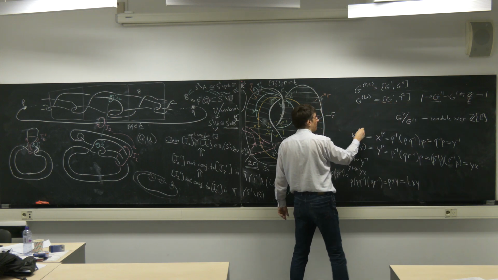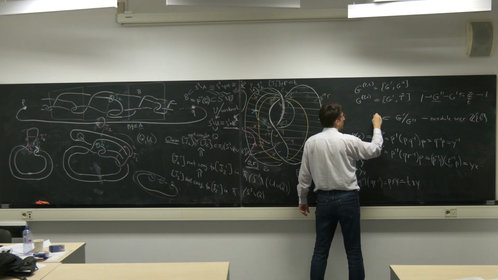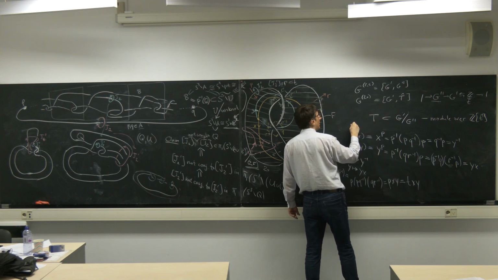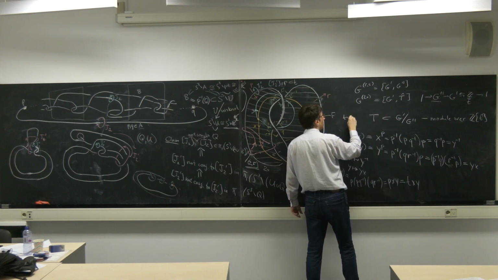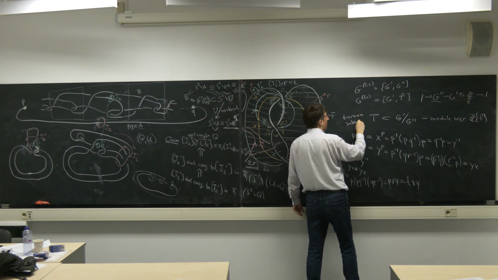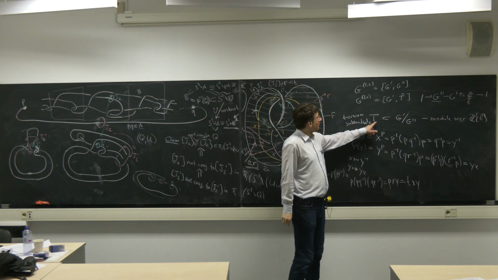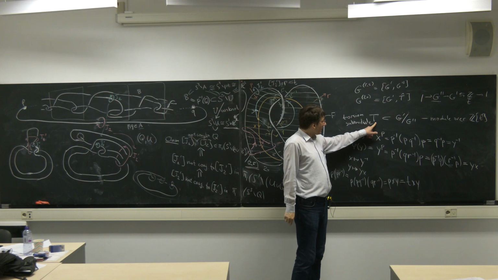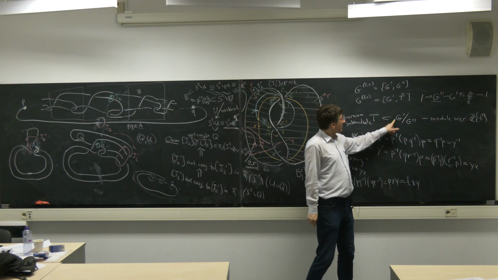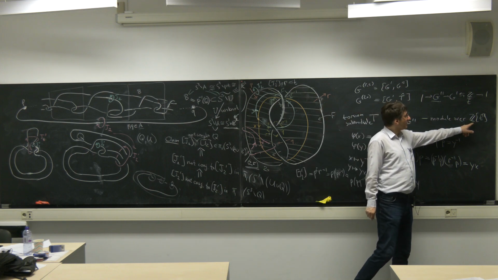So this is a module, and we can fix its torsion submodule. So what is the torsion submodule? It consists of all elements which can be annihilated by multiplying by some Laurent polynomial.